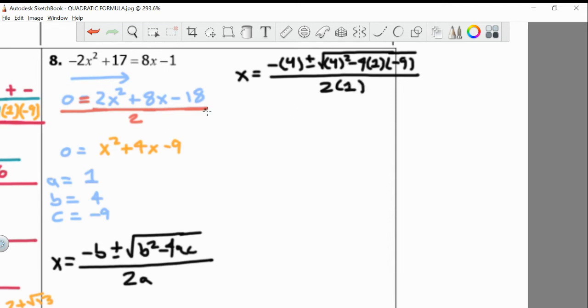All right, now it's really similar to the last question we did, okay? Now we have a positive 4, so we'll get a negative 4 out front instead, which is a little bit different. We still have a plus or minus. On the inside, 4 squared is still 16. This piece is looking to be exactly the same.